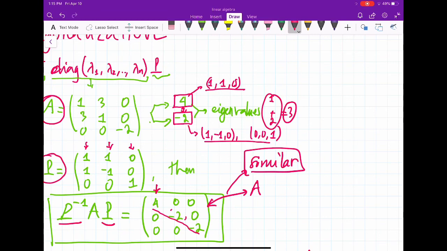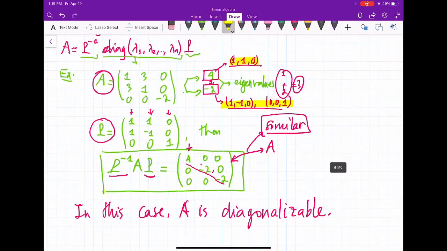At the same time, for 4, we have one basis vector (1, 1, 0) for that eigenspace. Of course, the 3 vectors right here are linearly independent. It is easy to check. So A has 3 linearly independent eigenvectors. At the same time, A is a 3 by 3 matrix, representing some linear transformation in R3, or in 3-dimensional space. That's why this matrix is diagonalizable.